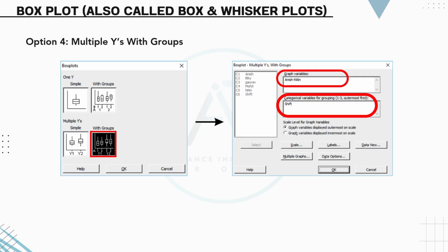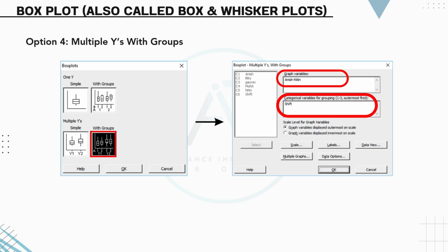This means the plot will display one box plot per combination of numeric variable and group, e.g., Anish, morning; Anish, night, etc. This allows you to compare performance within each person across shifts, or across people within the same shift. Also note the scale level setting.